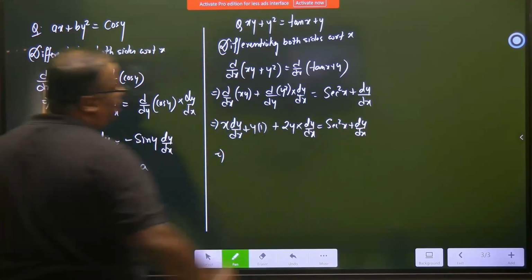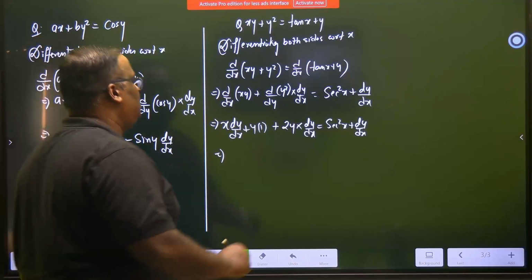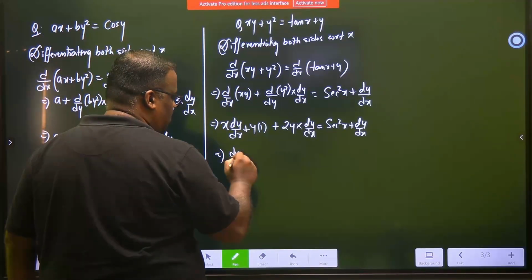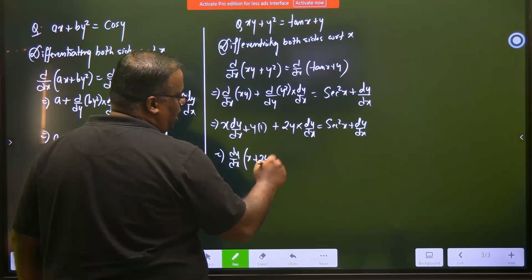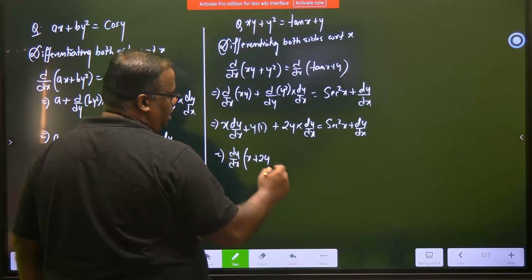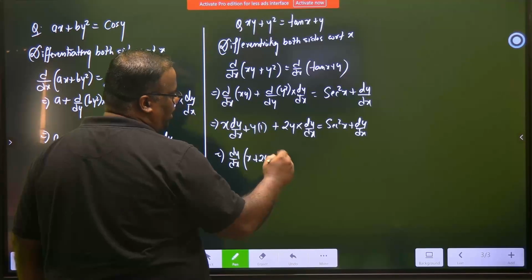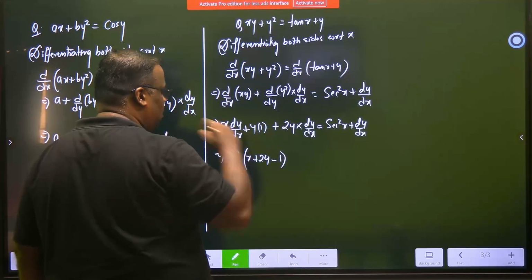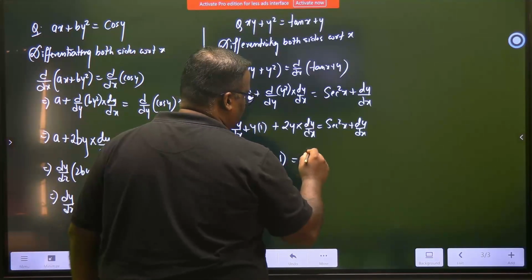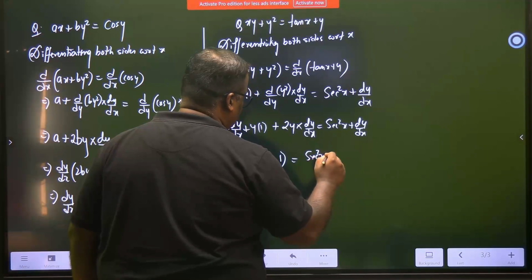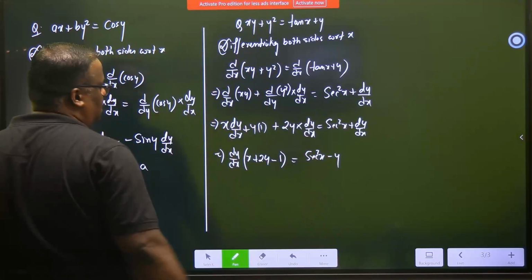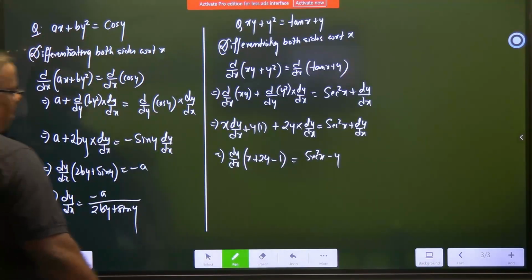So it's our cleaning time now. How do we clean it? We take dy by dx common. We have x, plus 2y, then minus 1. This dy by dx comes this side. So you get sec square x minus y. This y goes that side. Okay?